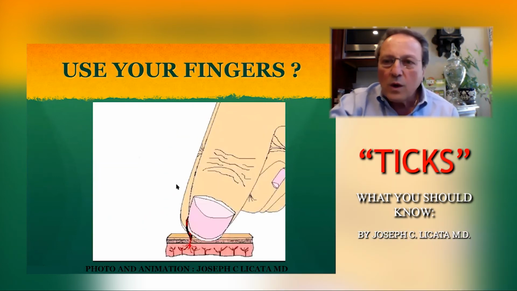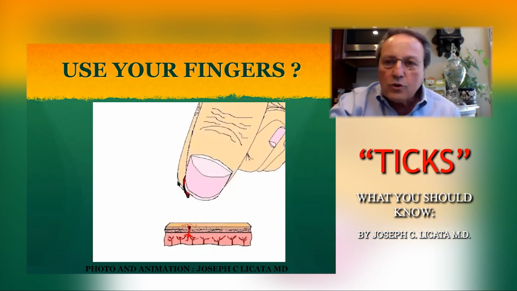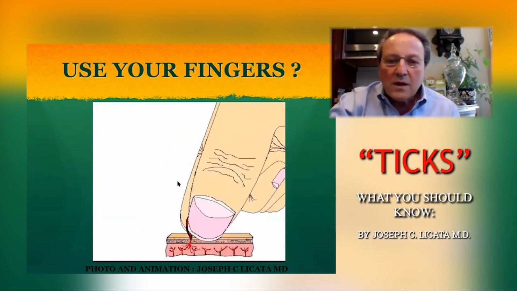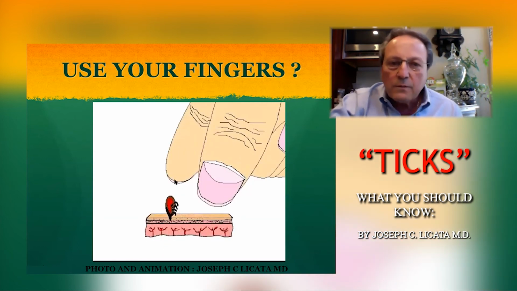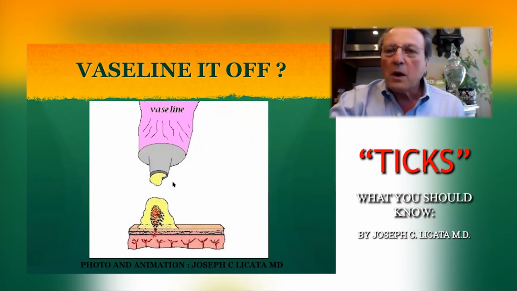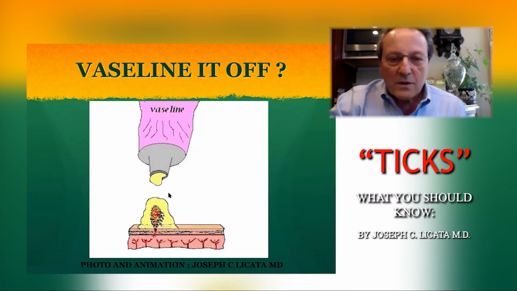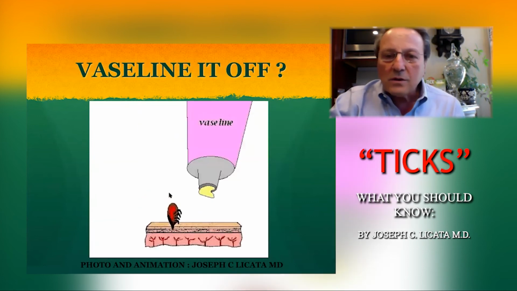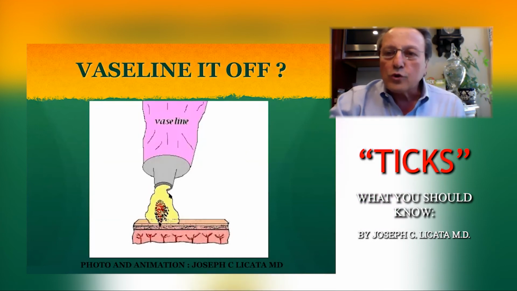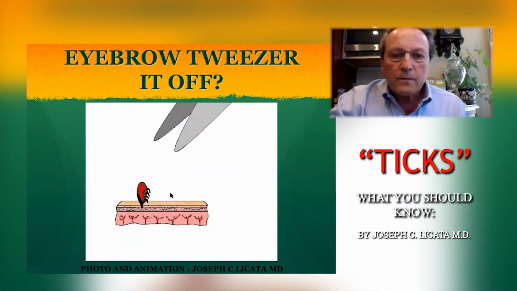The last thing you want to do is squeeze the tick, because it's just injecting into the host exactly what you're trying to prevent. Maybe some people say put Vaseline on it so you smother it and it gets irritated enough that it'll detach. Well, in that irritation, it could cause it to regurgitate even more of its contents, again spreading disease.